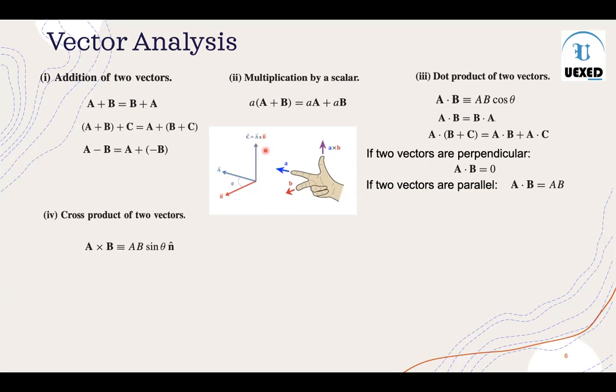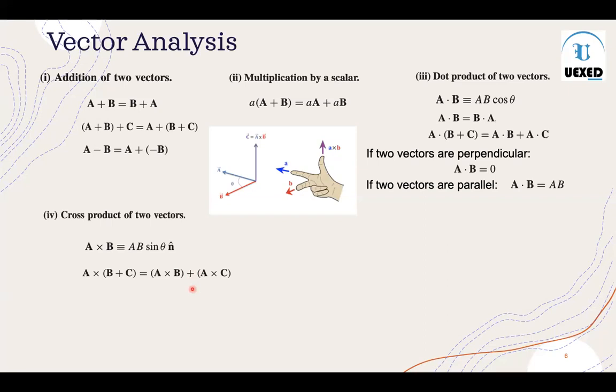This is the C vector, which is the cross product of A and B, and it is represented as the product of the magnitudes of A and B with sine theta, and n cap is the unit vector in the direction of A cross B. Similarly, this follows some laws: A cross (B plus C) equals A cross B plus A cross C. It is similar to what we did for the dot product, but here we have a cross product of these two vectors to be summed up.